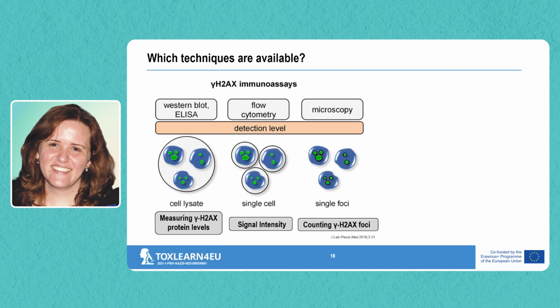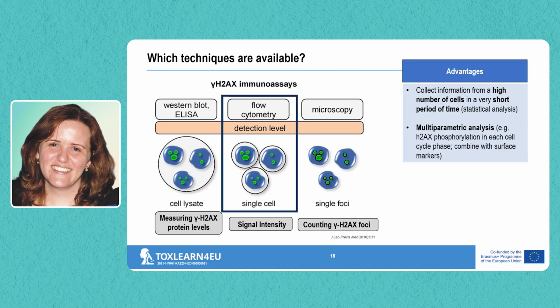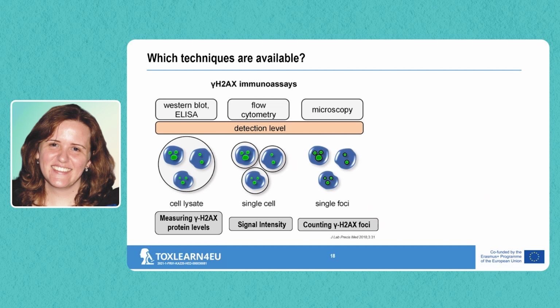So which techniques are available? There are a number of different techniques available. And so this one, microscopy, is actually the gold standard. What is done is that cells are incubated with an antibody that is conjugated with a fluorochrome, and we are able to look at the microscope and count the number of foci in each cell.